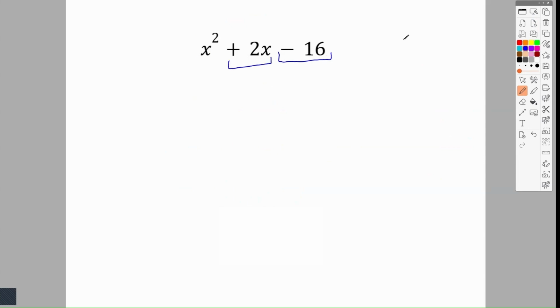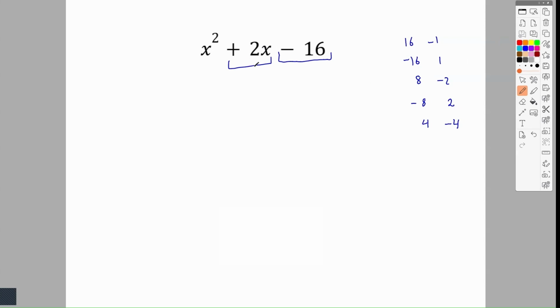So we have 16 and negative 1, negative 16 and 1, 8 and negative 2, negative 8 and 2, and 4 and negative 4. Now find the couples that add to positive 2. And we got a problem here, because actually there are no couples that add to positive 2.